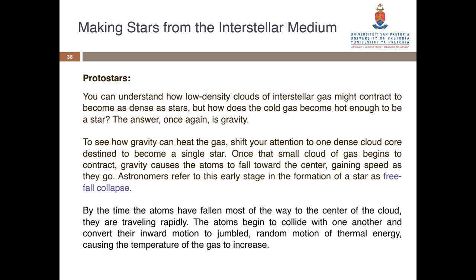Astronomers refer to this early stage in the formation of a star as free fall collapse. By the time the atoms have fallen most of the way to the center of the cloud, they are traveling rapidly. The atoms begin to collide with one another and convert their inward motion to jumbled random motion of thermal energy, causing the temperature of the gas to increase.